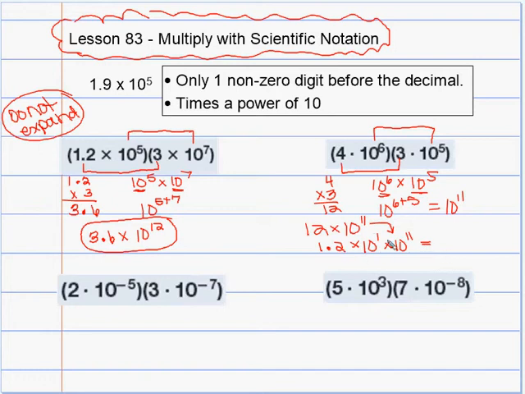So I do that process all over again. I add those exponents, so I have 1.2 times 10 to the 12th power. Now I'm in proper form for scientific notation.